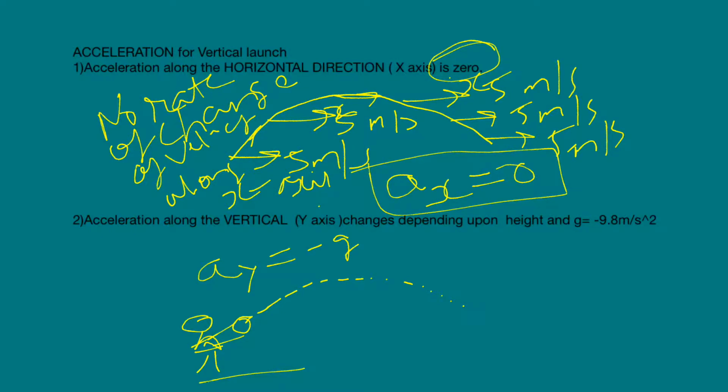But if a different case is there, suppose a boy is standing on a cliff and he is throwing the ball. So this is the cliff and he is throwing the ball here. The ball will move in an upward direction, then it will fall.